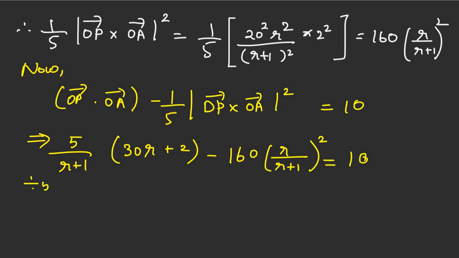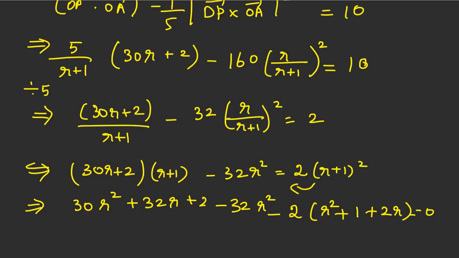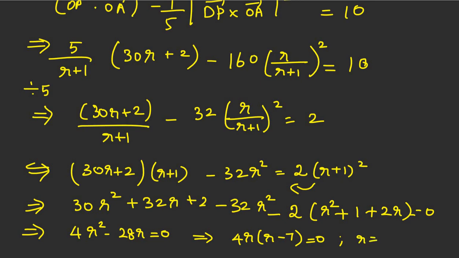Divide the equation throughout by 5 and what we get is 30R plus 2 divided by R plus 1, minus 32 into R divided by (R plus 1) the whole square, will be equal to 2. Now again simplifying, we get 4R squared minus 28R equal to 0, or 4R into (R minus 7) equal to 0, and R is 0 or 7.